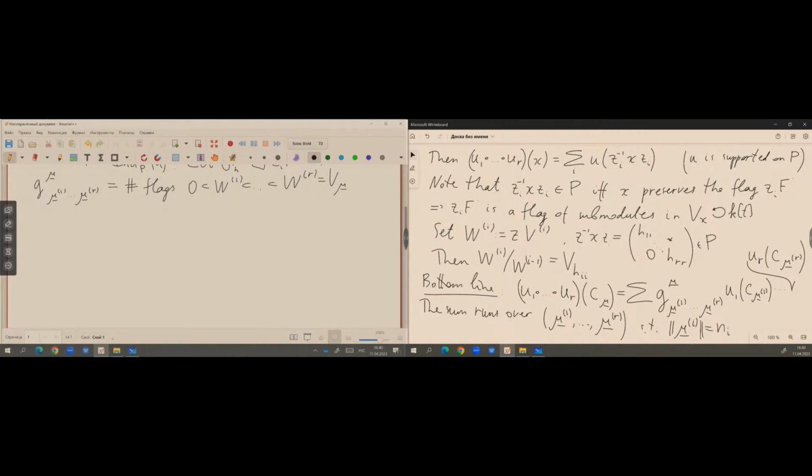So our mu defines the type of module over the polynomial ring, such that the associated graded W has the type corresponding to those partitions.